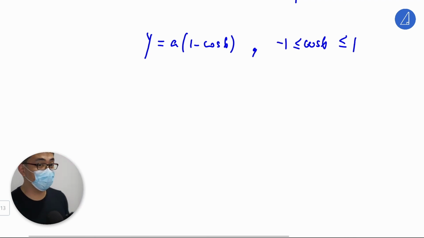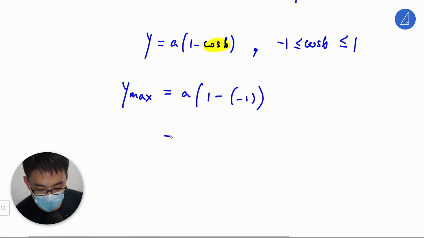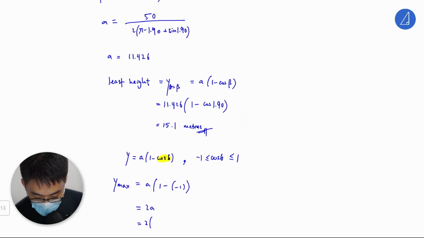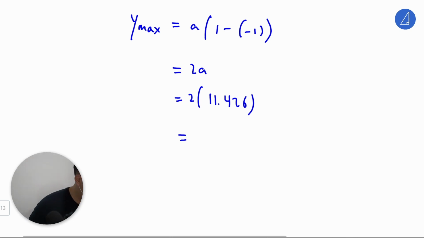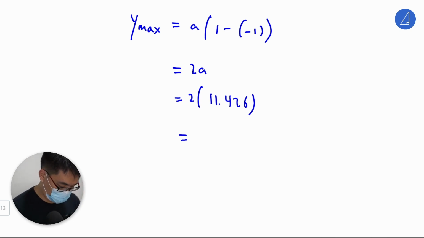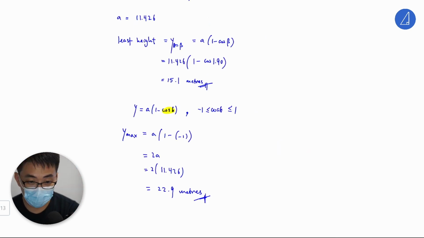Okay, so this is like a secondary school question altogether. So y max would happen when cosine theta is minimum, because this is 1 minus something. So a1 minus -1. So this is 2a. It will be 2 times, what's my a? 11.426. So this is the greatest height.